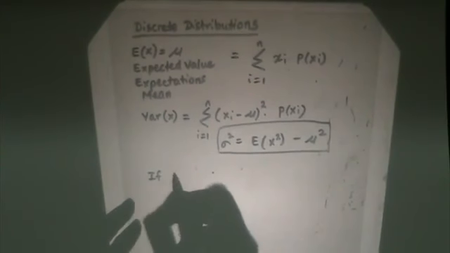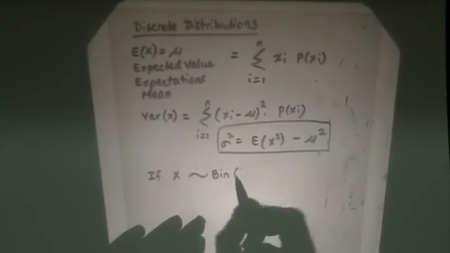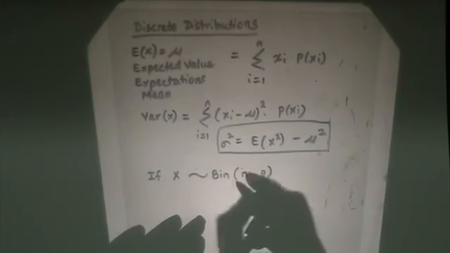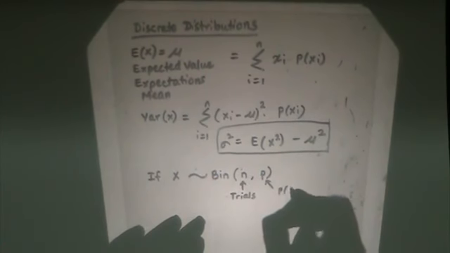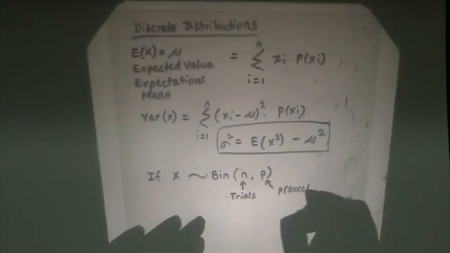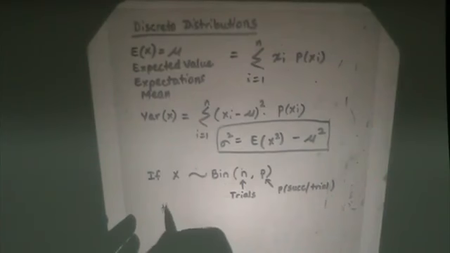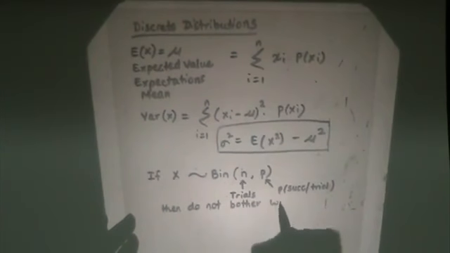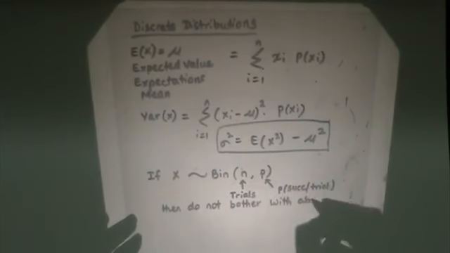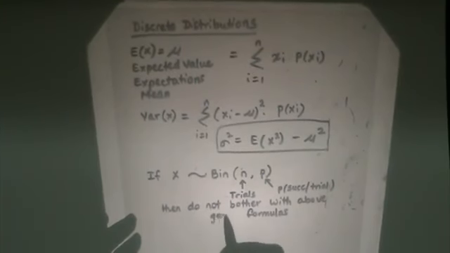So if x is binomial n comma p, where n is the number of trials and p is the probability of success per trial, then do not bother with the general formulas above.